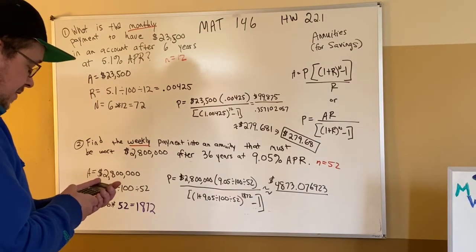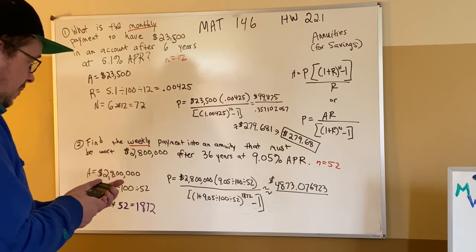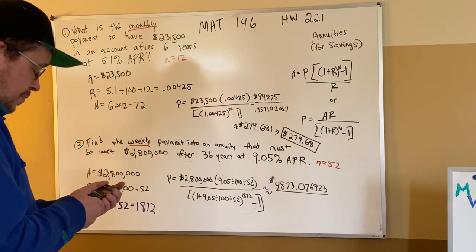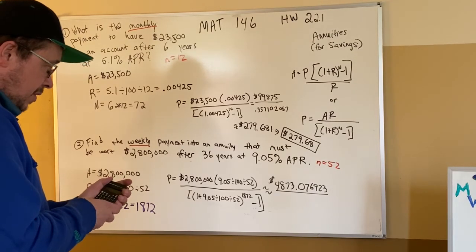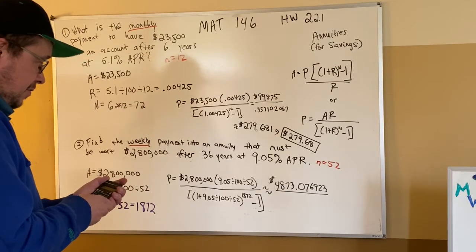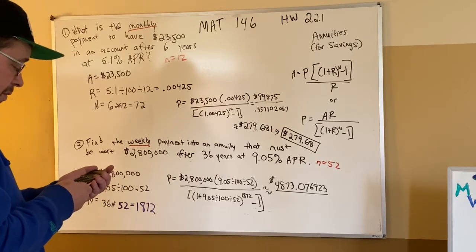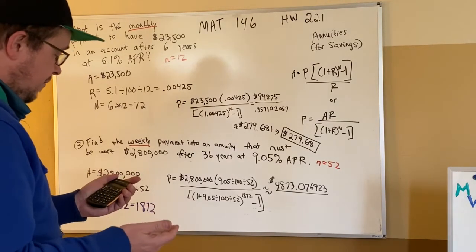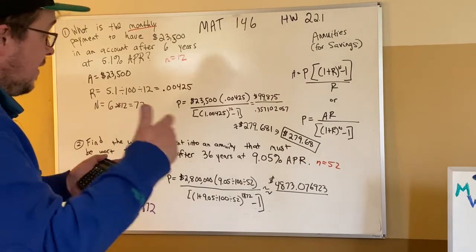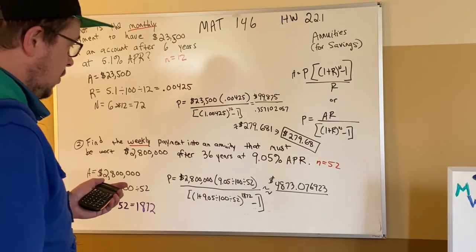So what I have for the denominator is, when I clear out the top, 1 plus 9.05, which is divided by 100 and divided by 52 to get weekly. It gets me my 1.0001740385, and there's more going on beyond what the display can show.